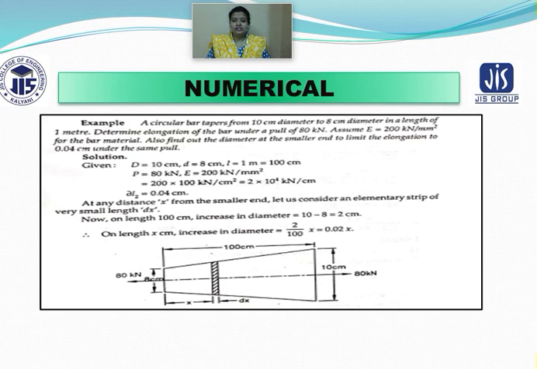Capital D is 10 centimeter and small d is 8 centimeter, so the increase in diameter is 10 minus 8, that is 2 centimeter. Next, for the increase in diameter over x centimeter, in the same way it is 2 by 100 into x, so the answer will be 0.02 x.